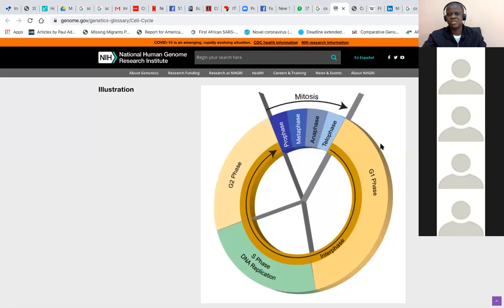So we have the G1 phase. In G1 phase, growth is happening, and after the G1 phase, that is when S phase happens. In S phase, what happens is DNA replication. And you know, the DNA is kept in the chromosome.